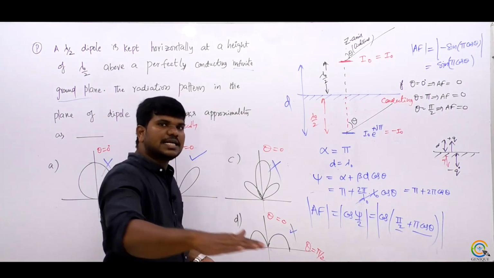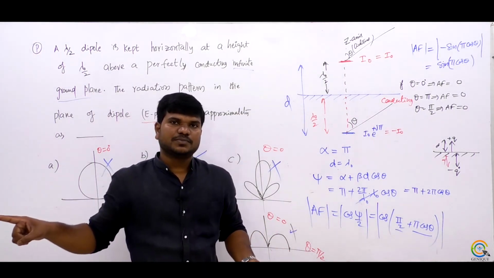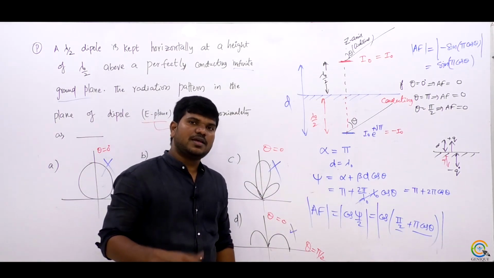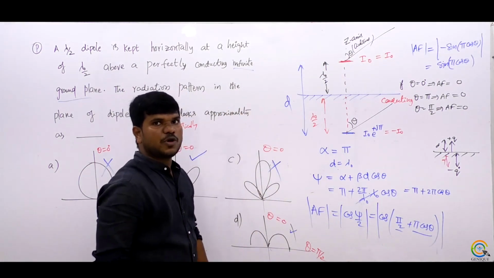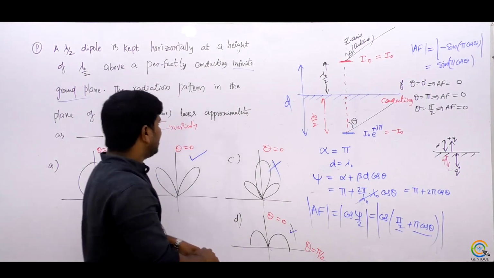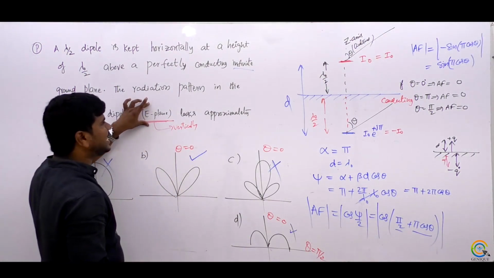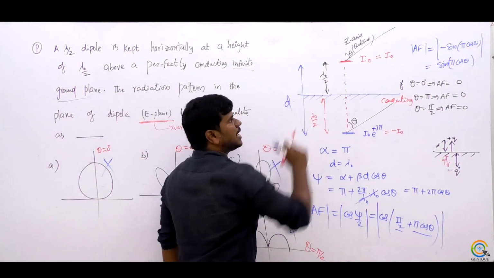Suppose the antenna axis is given horizontally, meaning the H plane is given, then the theta will be measured from the horizontal axis. If the antennas are placed in the E plane, meaning vertically placed, then theta will be measured from the vertical axis.